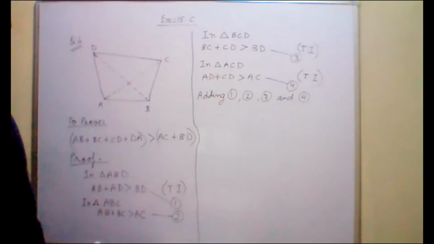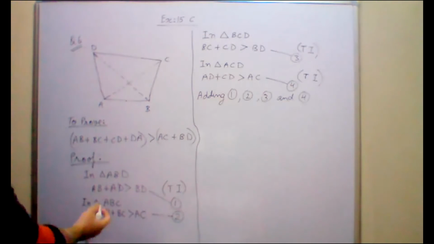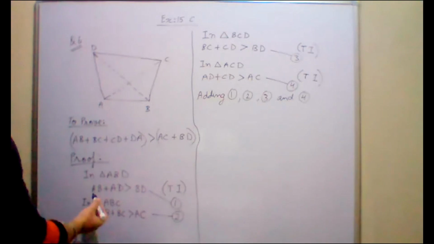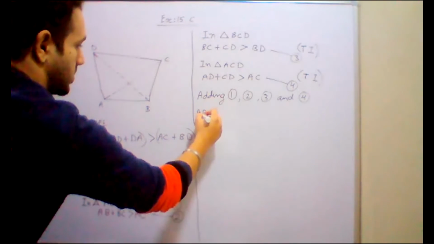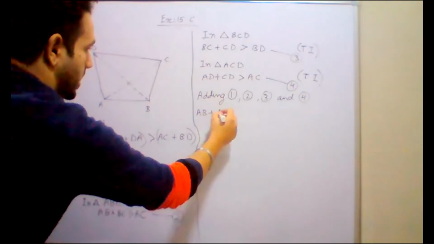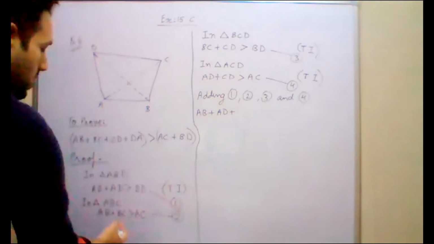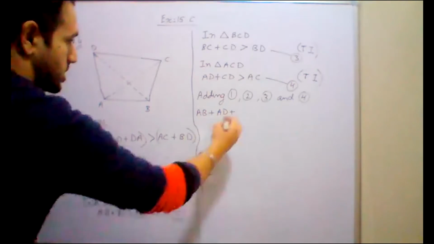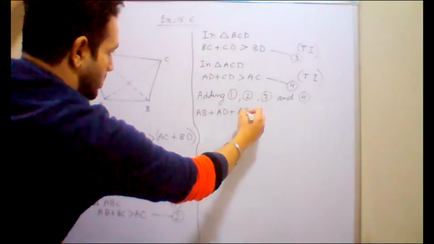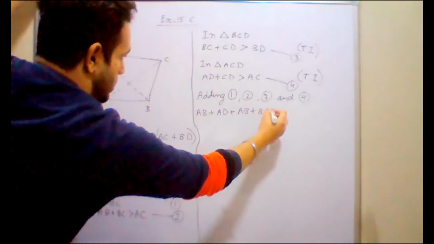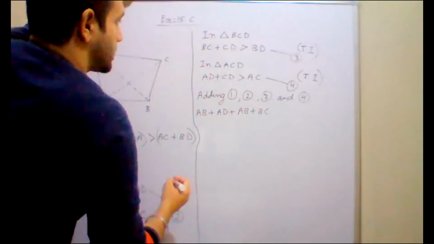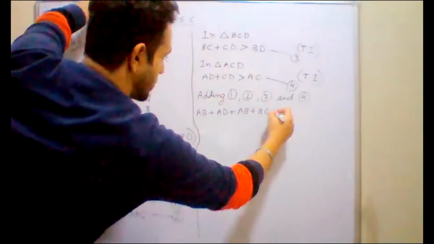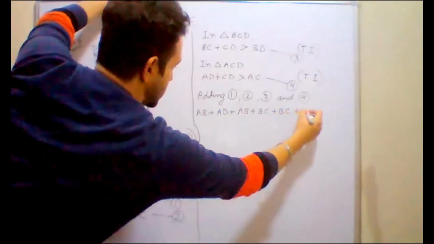Now when you add all the 4 inequalities, you will add the LHS of all the 4. LHS of the first one, AB plus AD. LHS of the second one, AB plus BC. Third one, the LHS is BC plus CD.